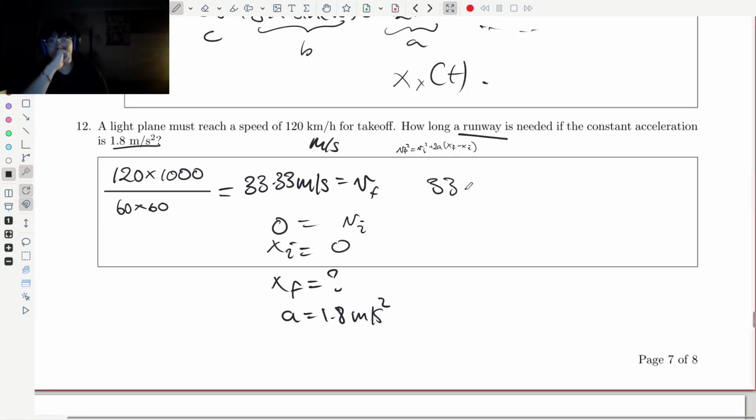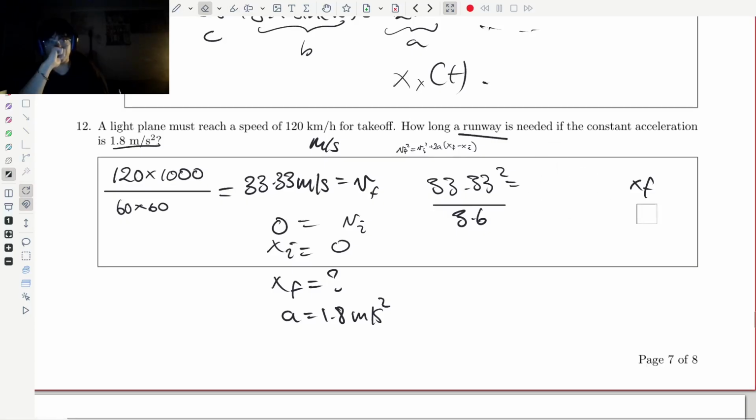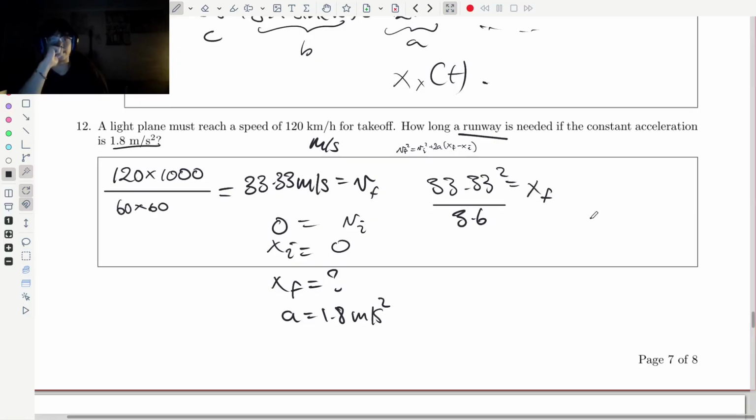So we can substitute all these numbers in. We get 33.33 squared is equal to 0 plus 2 times 1.8 xf, because xf minus 0 is just xf. And then I can divide both sides by 2 times 1.8, which is 3.6. So 3.6, and then all of this goes away, and then we get this as being our value for xf.